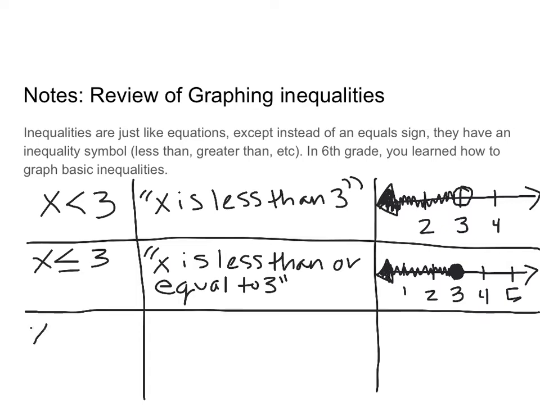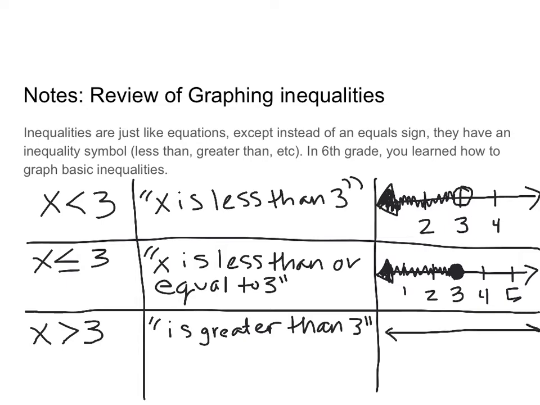Okay, now we're going to go x is greater than 3. And once again on a number line. This time we're going to have an open dot because 3 is not a possibility, but anything bigger than 3 is, like 3.1, 4, 200.